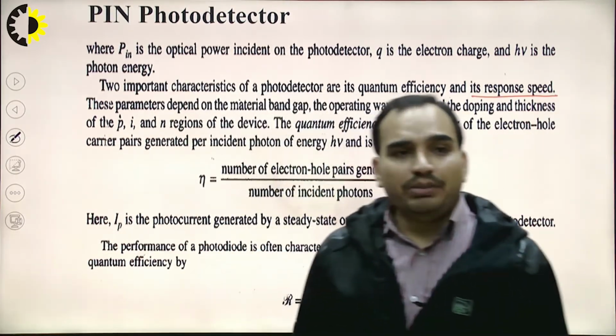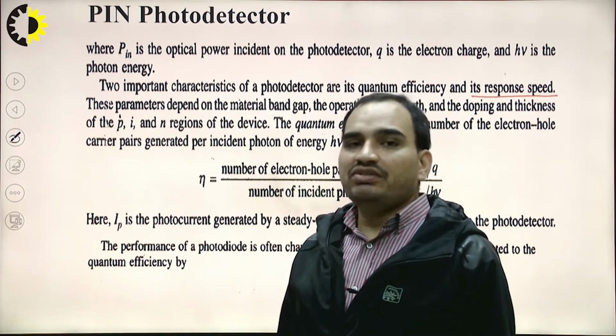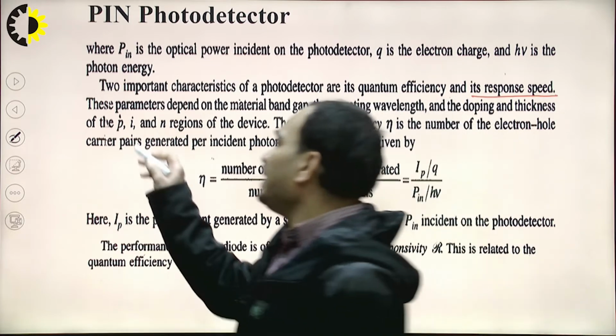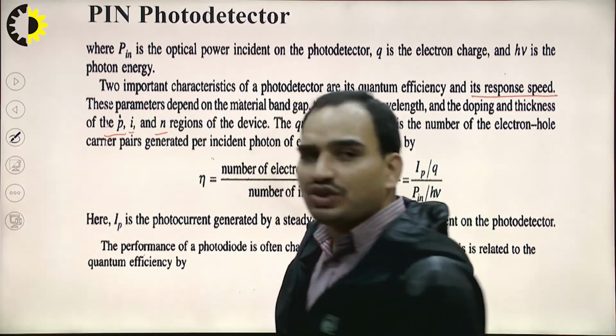These parameters depend on the material band gap, the operating wavelength, and the doping and thickness of the PIN, that is p-type, intrinsic and n-type, regions of the device.